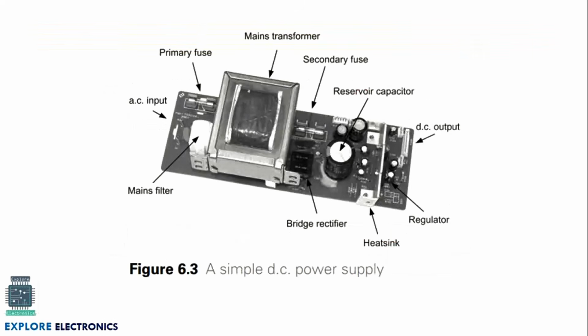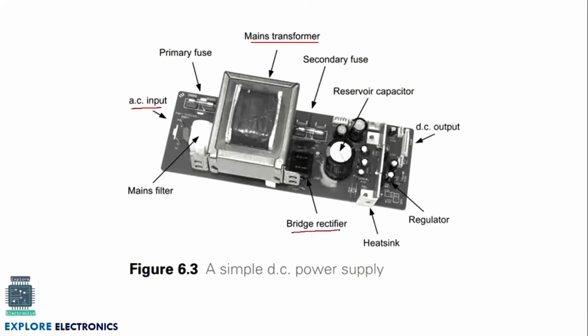So the real-time example of a DC power supply device will be like this. You can observe here there is a transformer, a step-down transformer. The input of the transformer will be an AC input, and it is going to give the output from the secondary. We will be having a bridge rectifier circuit here to convert that AC into pulsating DC.